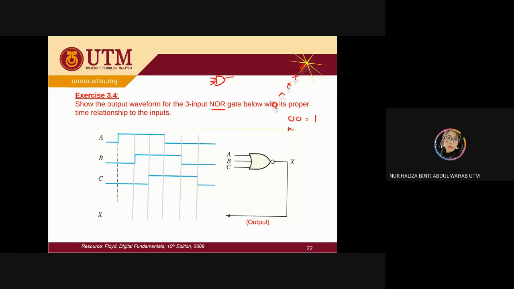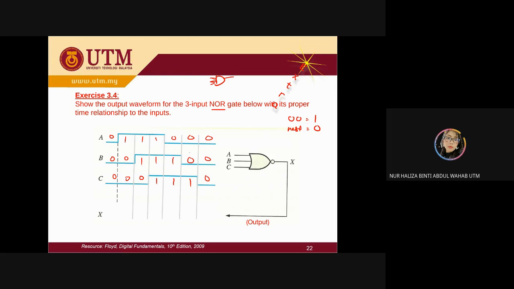The rest will be 0. So let's take a look. This one is 0 0, 0 1, 0 0, 1 1, 0 1, 1 1, 0 1, 1, 0 0, 1 0, 0 0.